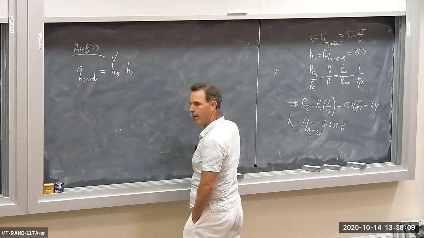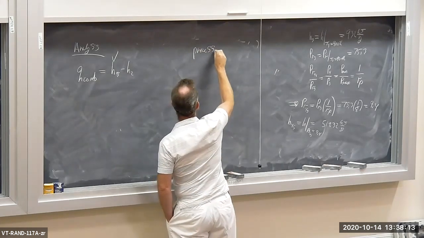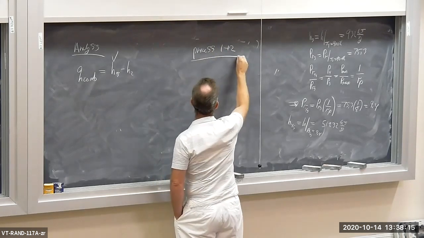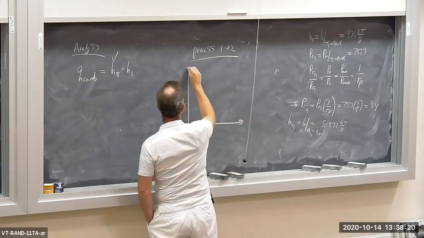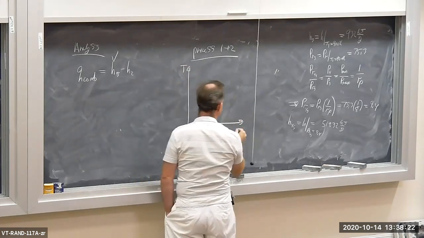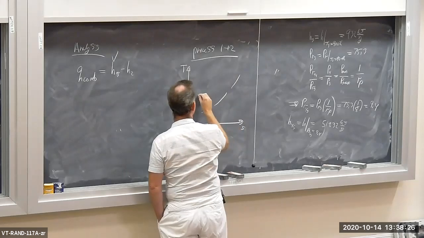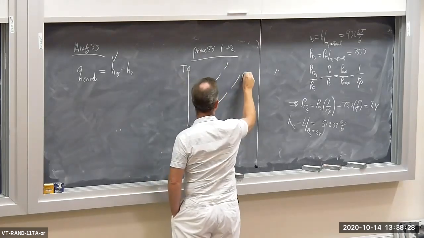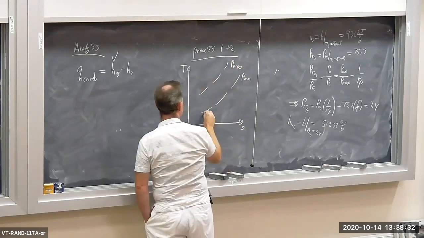So let's look again at process 1 to 2. Here's my TS diagram. Here's my min and max isobars.